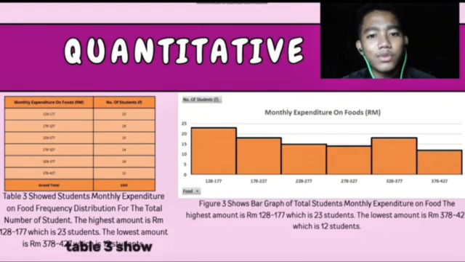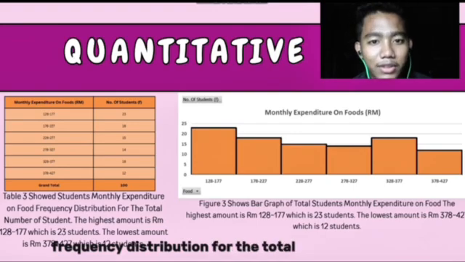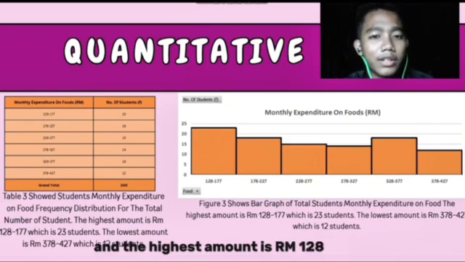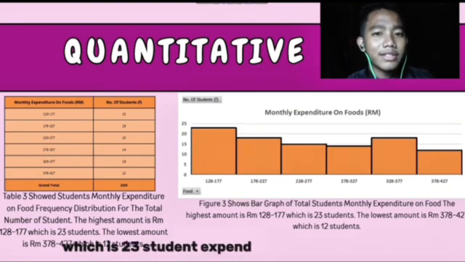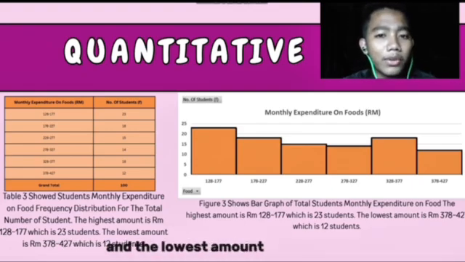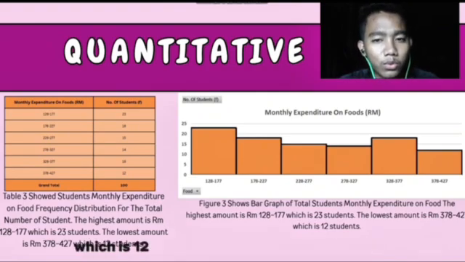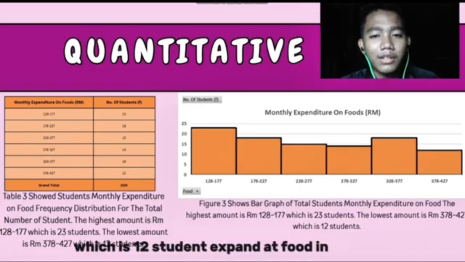Next, we have quantitative data. Table 3 shows student monthly expenditure on food frequency distribution for the total number of students. The highest amount is RM 128 until 177, which is 23 students who spend monthly money on food, and the lowest amount is 378 until 427, which is 12 students who spend on food in 1 month.